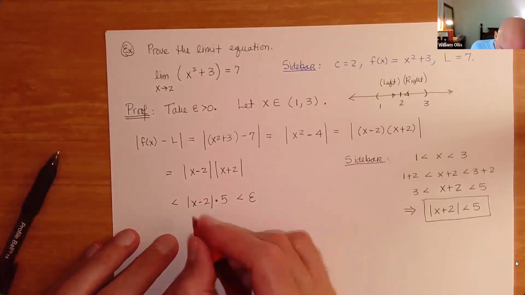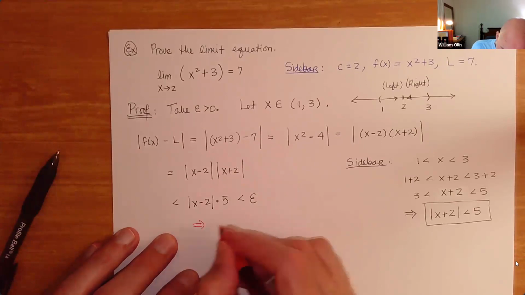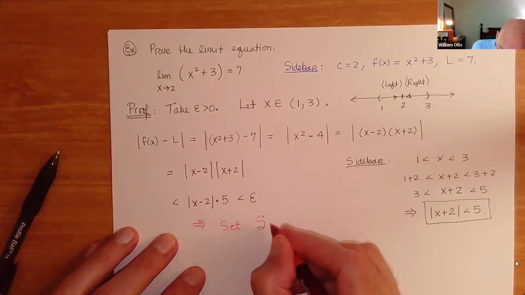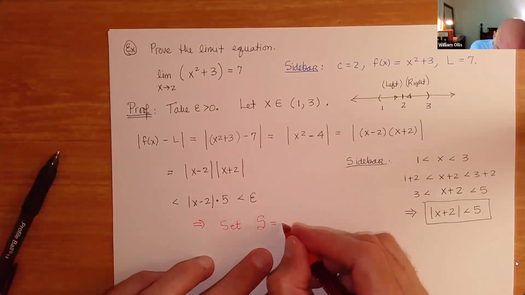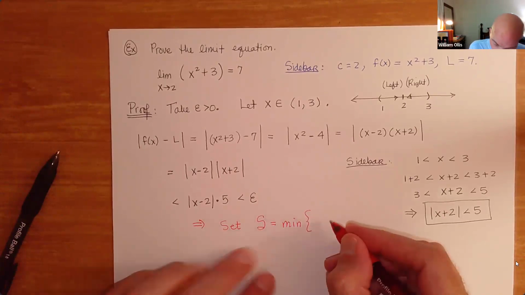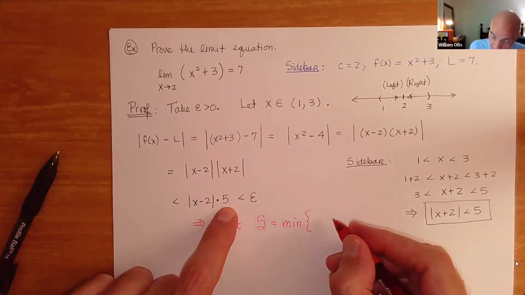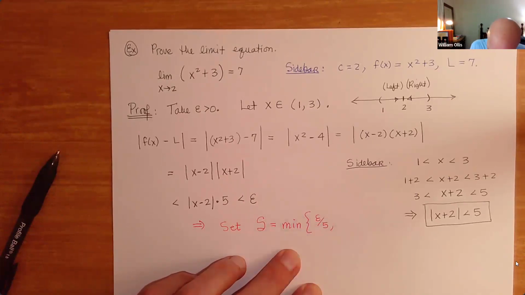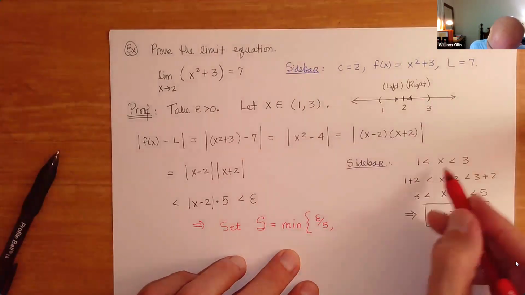So now what does this do? Let's just take another color. This implies set, just like we had before, delta equal to the minimum of, well, again, we need the epsilon over 5, or the 1 that we have here.